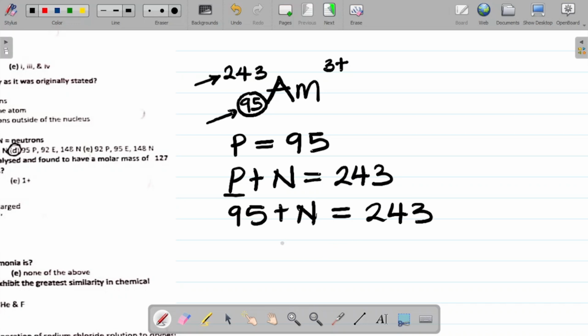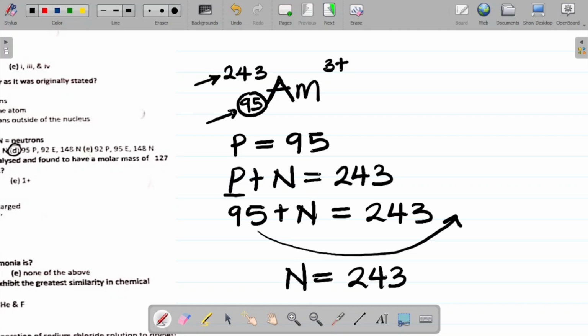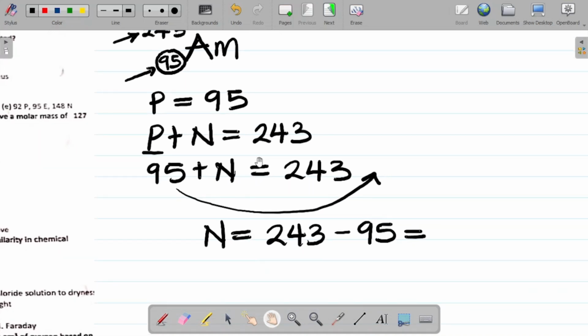Move this 95 over here, and it means that n is equal to 243 minus 95. Let me get my calculator. 243 minus 95 is 148. So I'm having 148 as neutrons.